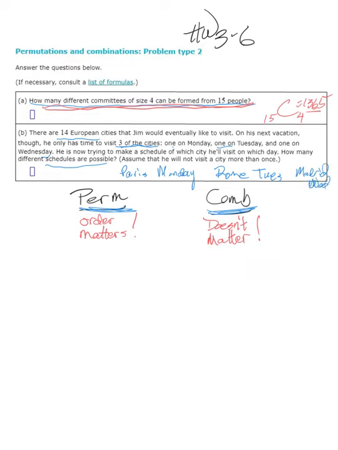A totally different schedule would be he could get Madrid on this Monday, could still do Rome here, and do Paris over here. That's a totally different schedule. So the order is going to matter there. So this is going to be a permutation, where I've got 14, and I'm choosing 3. 14 different cities, I'm going to pick 3. Order matters. And how many different schedules would that produce? According to my calculator, I'm getting 2,184.